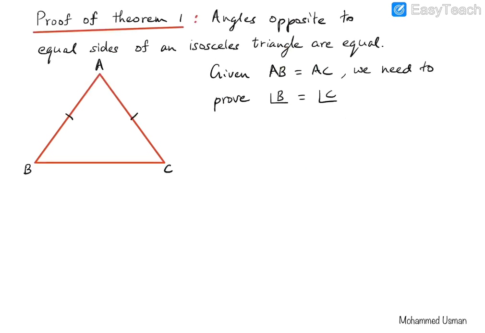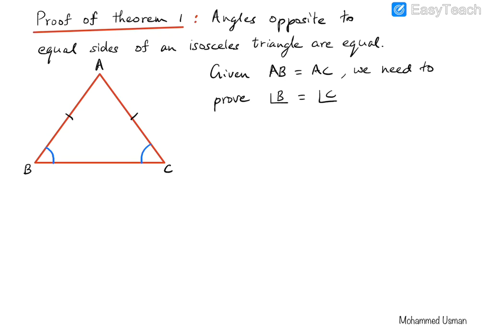So let us first prove the first theorem, which says that the angles opposite to equal sides of an isosceles triangle are equal. That means we are given that these two sides are equal, that is AB is equal to AC, and we have to prove that angle B is equal to angle C. Angle B is this angle over here, and angle C is this angle over here.